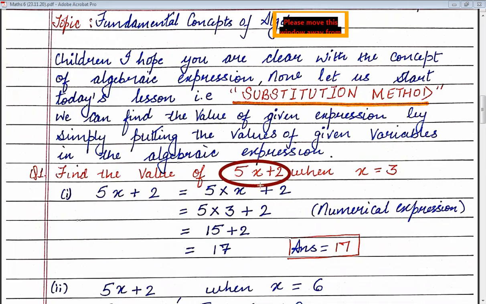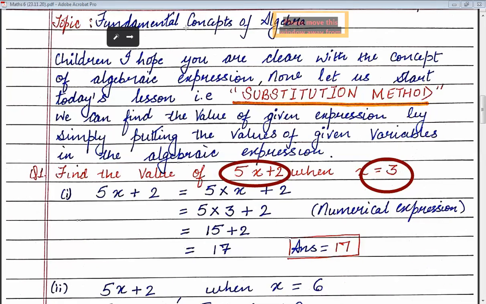Yes, 5x plus 2 is our algebraic expression, while the value of variable is given to us, that is x is equal to 3. What is the value of variable here? x is equal to 3.